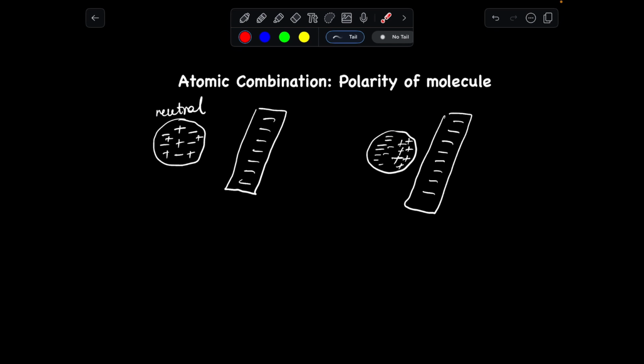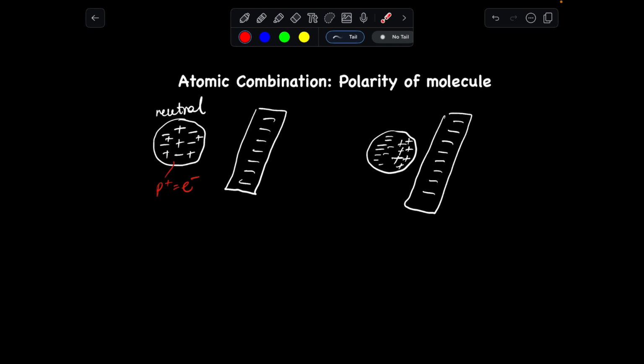Let's define what polarity is. What are we talking about when we talk about polarity and the dipole? Let's look at this neutral sphere here. It has equal positive and negative charges. So we know something that is neutral has equal protons and electrons, right?